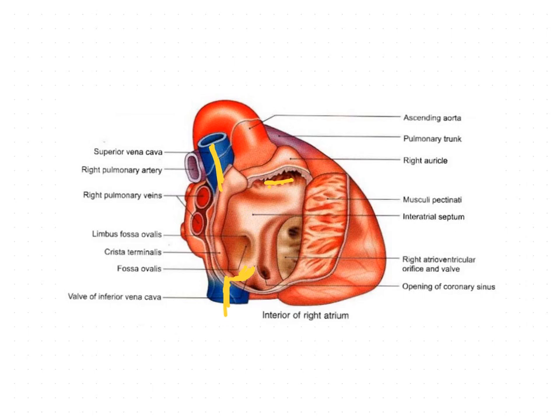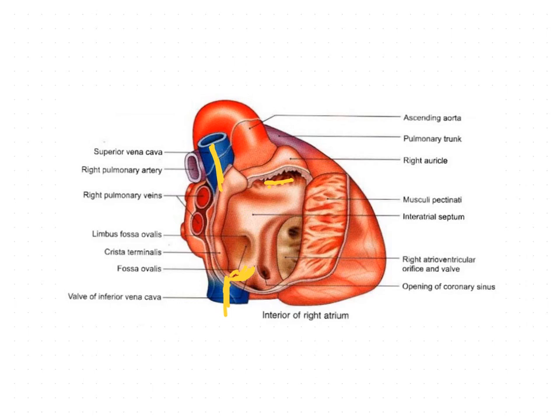The blood received from the inferior vena cava has to be sent through the fossa ovalis, which is present in the septal wall, the foramen ovale. So that is the importance of this valve.